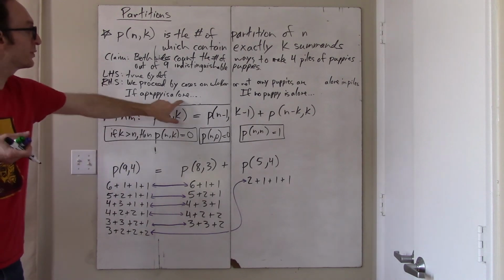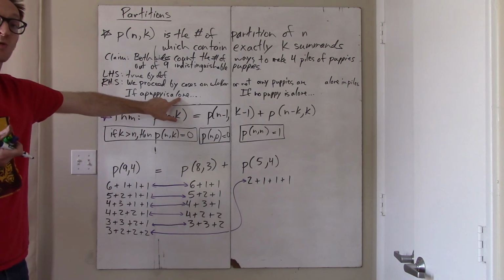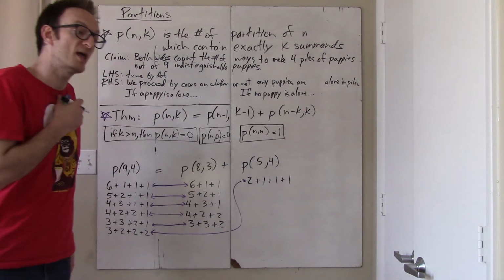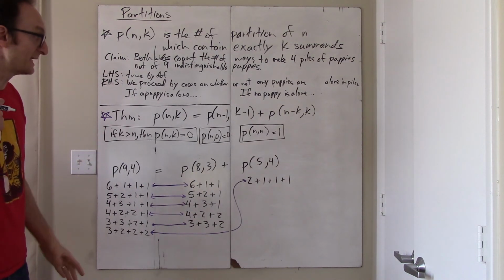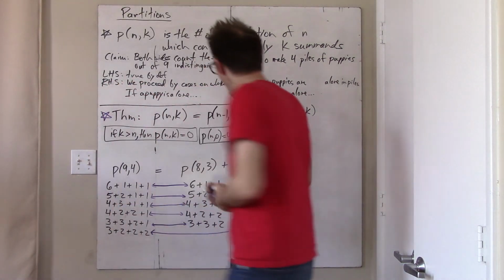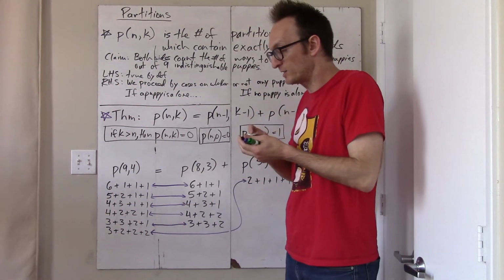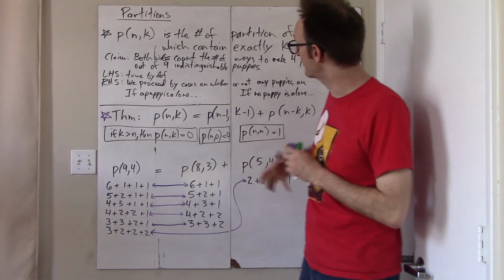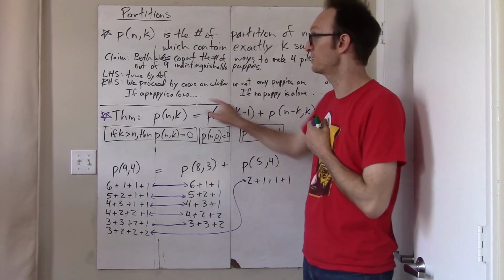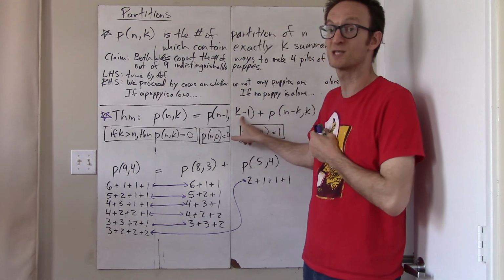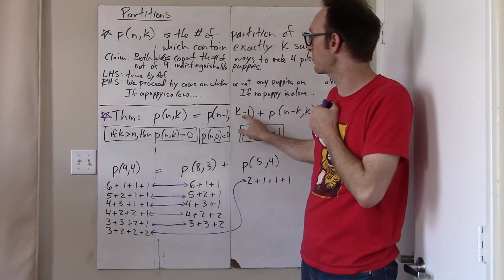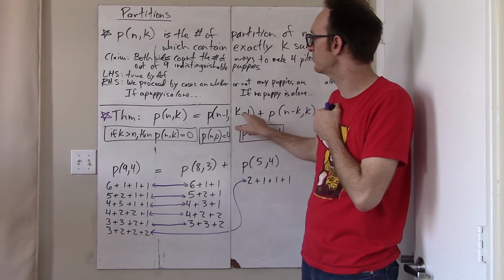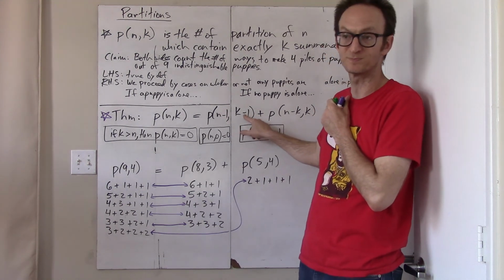If you are sure that your partition contains a lone puppy, then just look at the rest of the piles. Initially there are k piles, so now take the k minus 1 piles, and ultimately this problem reduces to distributing n minus 1 puppies to the k minus 1 remaining piles.